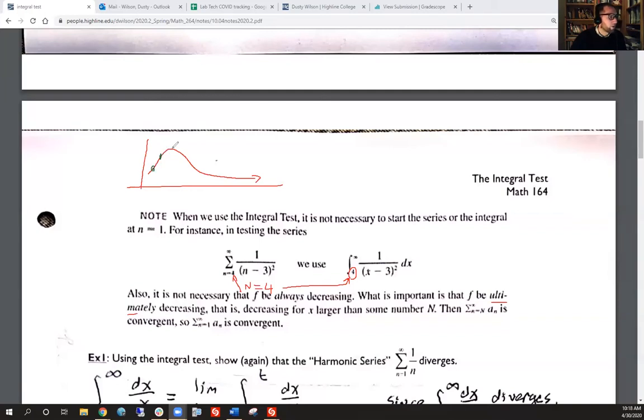So here, the green are your ANs, and then the red would be your F. And so you notice that we can even allow it to be negative, right? This would be okay. It can be negative, that's fine. It can be increasing for a while, that's fine. But what's important is that after some point, and usually this gets referred to as a big N.